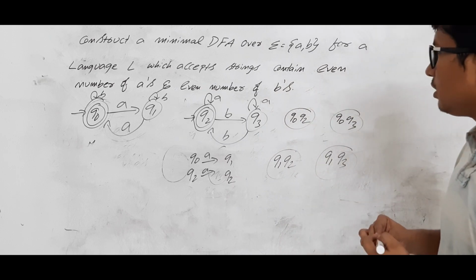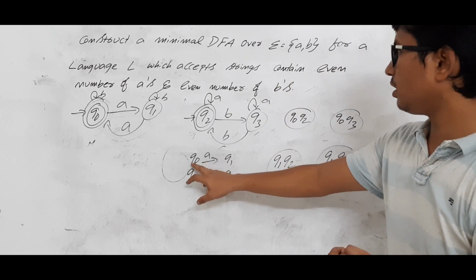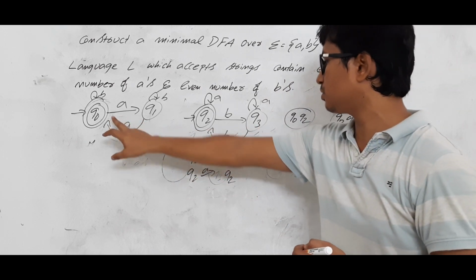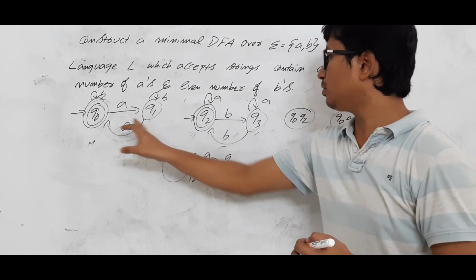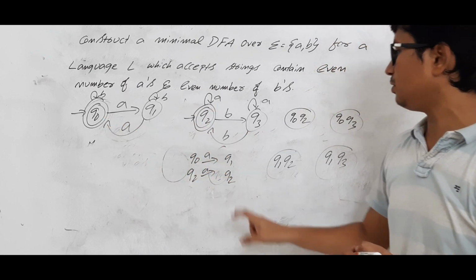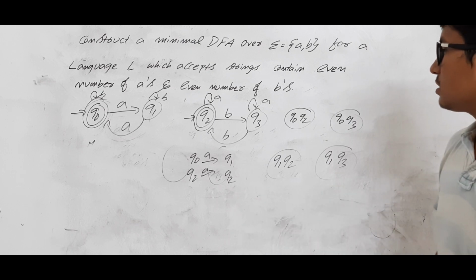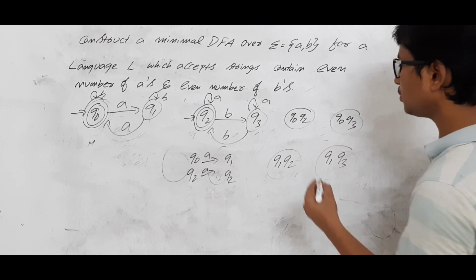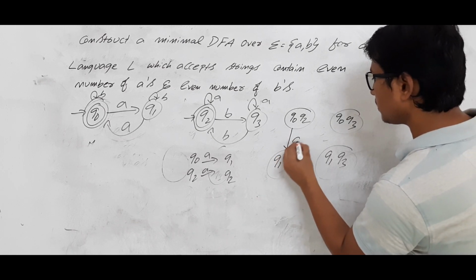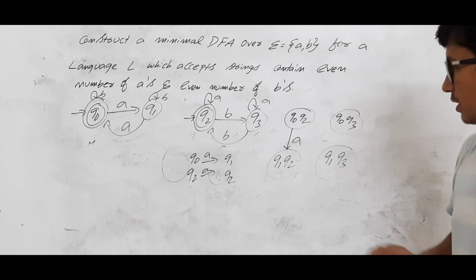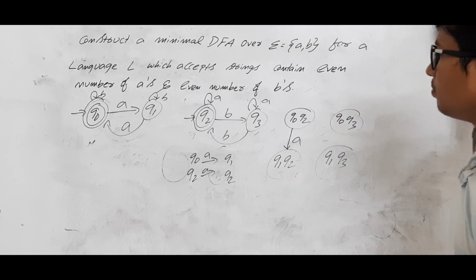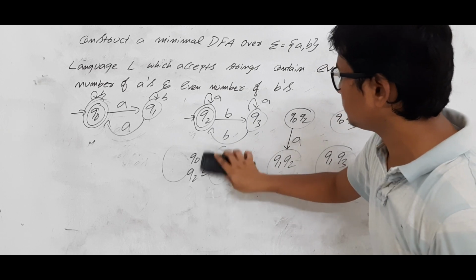So from Q0Q2, on A it goes to Q1Q2. Is it clear? Now on B, where does it go? We will check it.